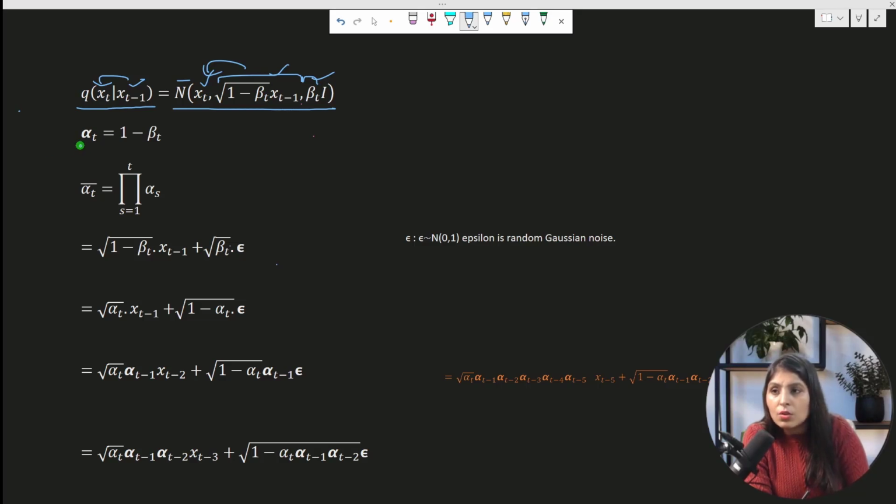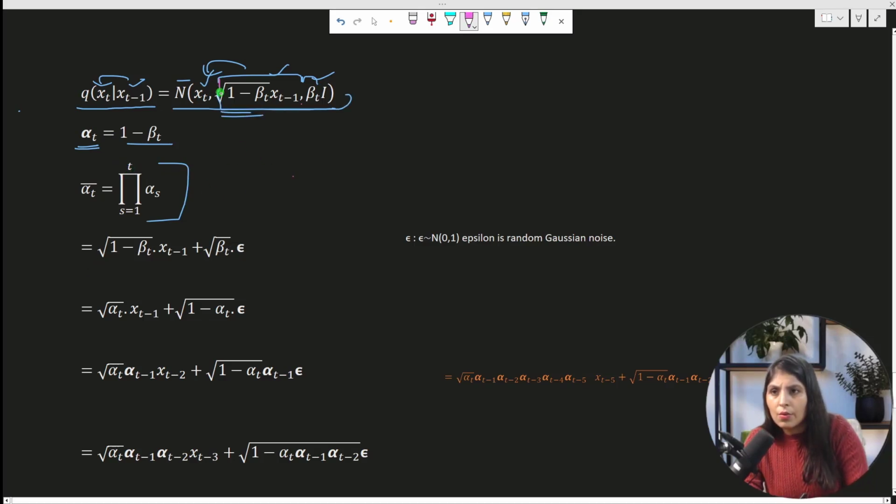And I have also explained this alpha t. Alpha t simply tells you how much information is carried over from the previous time step to the current time step, and this is how you get that. This value of beta is the amount of noise you want to add at each time step. Okay, these two things we have discussed. This we will use; I will tell you why we are using it in some time. Just leave it for now.